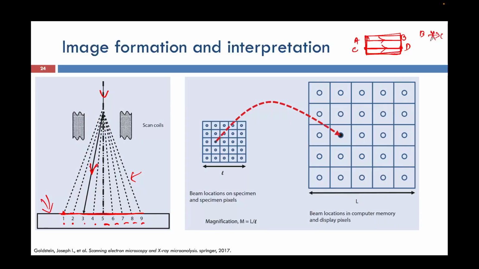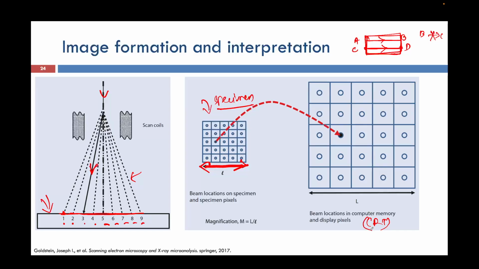This is our specimen, and then there is a whole system: detectors, and not only detectors but a detector with amplifier, photomultiplier and light guide, all those things. Based on the entire detector system, whatever the electron beam has scanned on this specimen is finally displayed on the CRT, the cathode ray tube.